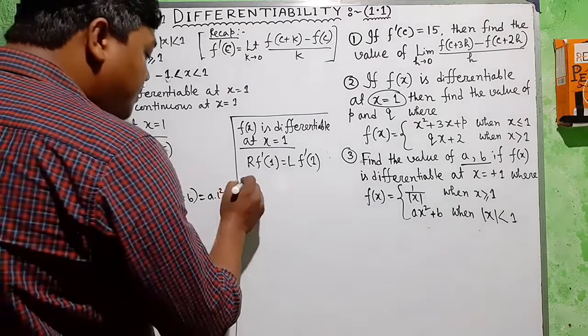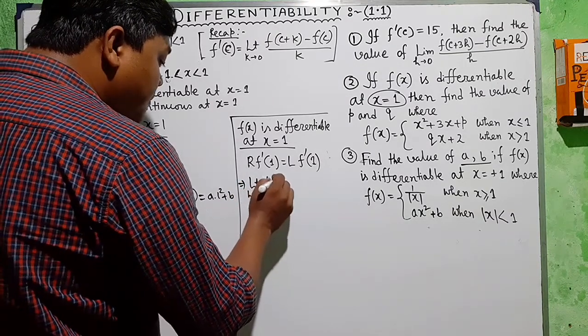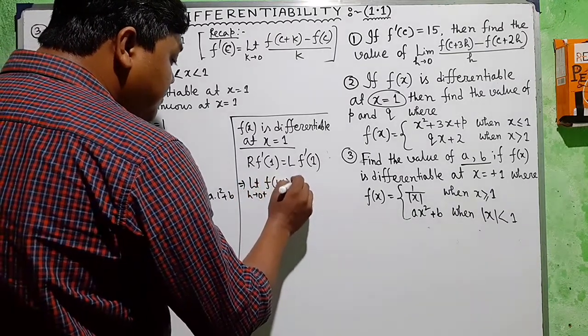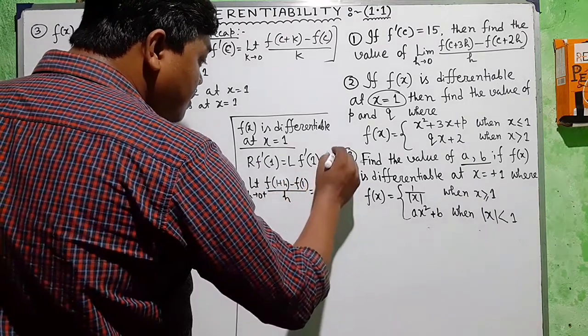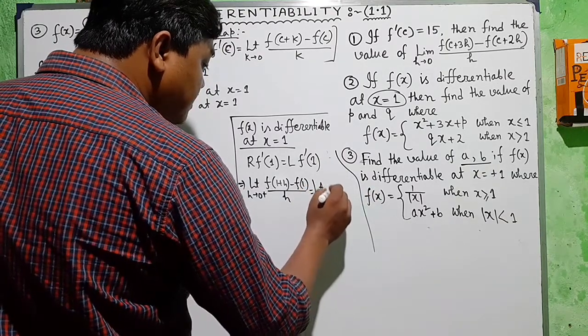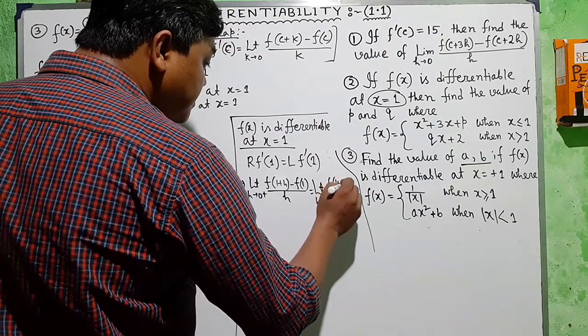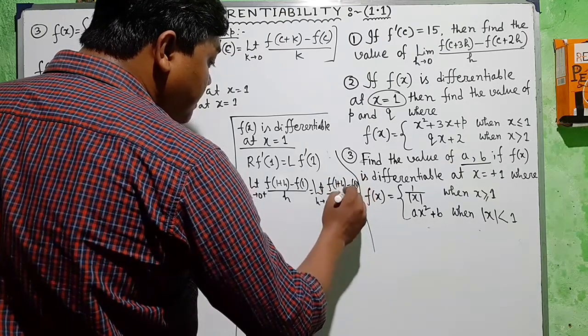And if I put the formula, limit h tends to 0 plus of f(1+h) minus f(1) by h equals limit h tends to 0 minus of f(1+h) minus f(1) by h.